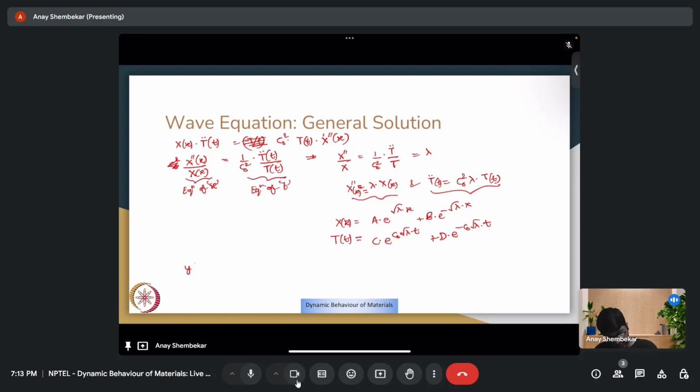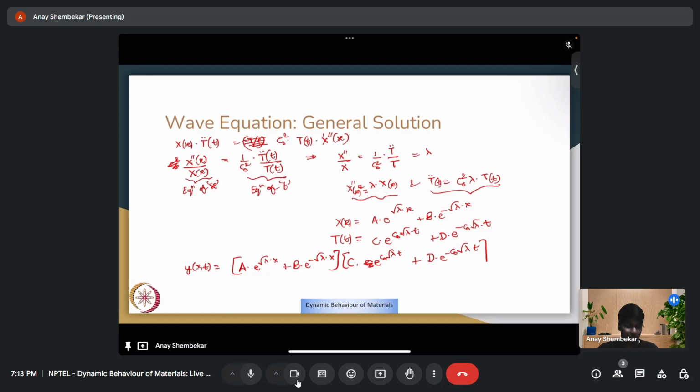which would basically give you y of x, t equal to a e raised to root lambda x plus b e raised to minus root lambda x, into c e raised to c naught root lambda t plus d e raised to minus c naught root lambda t.